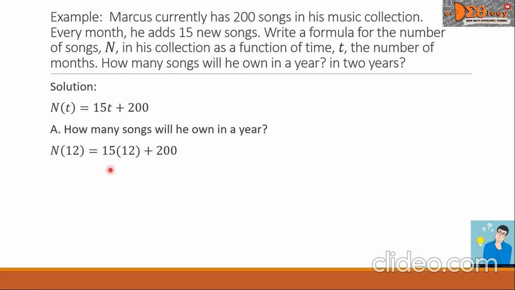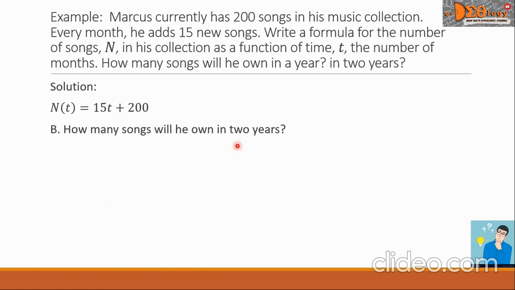Let us simplify. 15 times 12 will give 180, plus the 200 is copied down here. So the sum of 180 and 200 equals 380. So Marcus has 380 songs in a year.